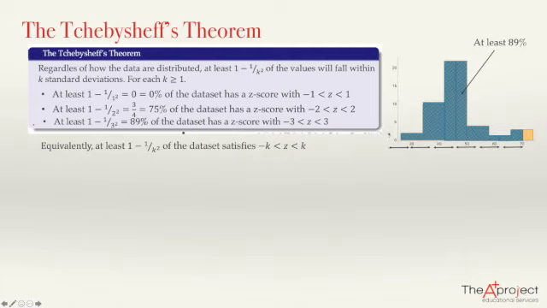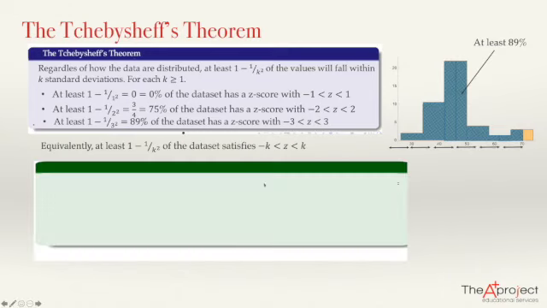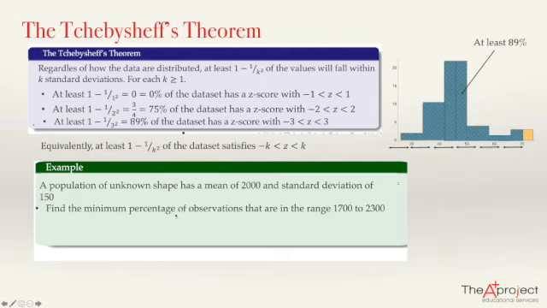This could help me to know a little about a distribution that I have. For example, if we have a population of unknown Chevy that has a mean of 2,000 and a standard deviation of 150, I have these questions. Find the minimum percentage of observations that are in the range 1700 to 2300.